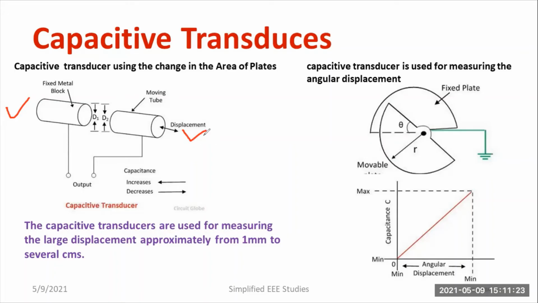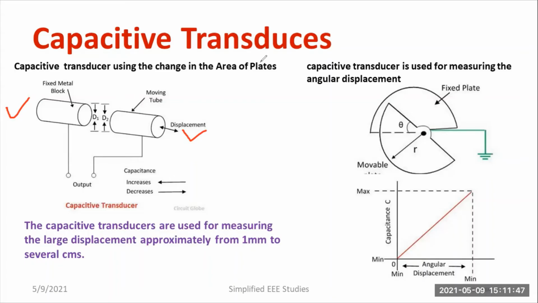Suppose a certain displacement happens, for example 5 meters, for that particular body. What is going to happen? The distance between the plates is varied, because it is going to compress, so the distance will be reduced.